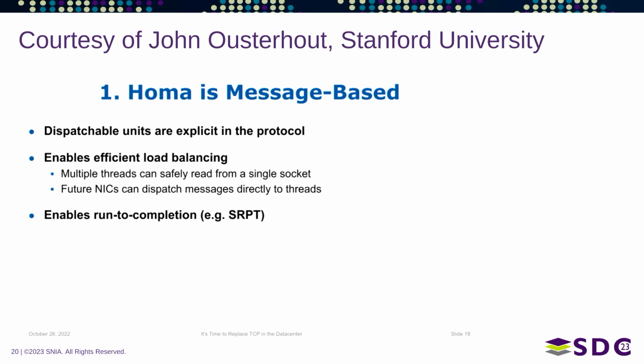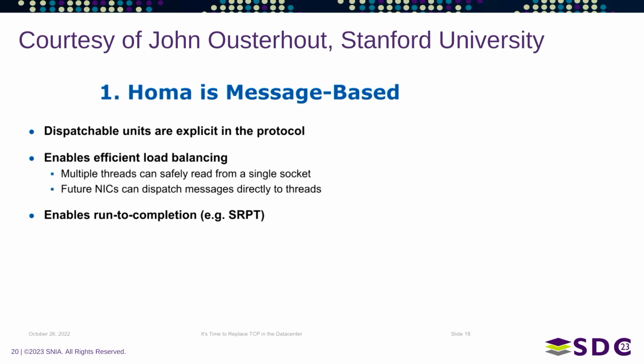So the first thing is, within the Homa protocol, there's explicit information about the dispatch units, like who sends to whom. That gives us one cool thing in software, because you can have multiple message threads handled by one and the same socket, because the message carries the information of from whom to whom. That means you can use a single socket, which makes it easier to maintain or implement software APIs.